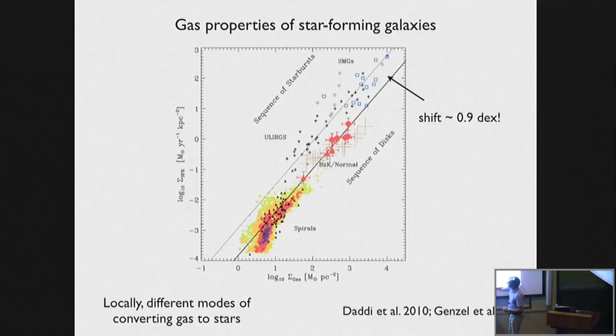For typical star-forming galaxies at low redshift, there's a tight relationship between them. Local ULIRGs have been found to be offset: at a given star formation rate density, they have less CO, less gas, I should say, than the typical star-forming galaxies. So they're more efficient. They don't need as much gas to get their star formation.